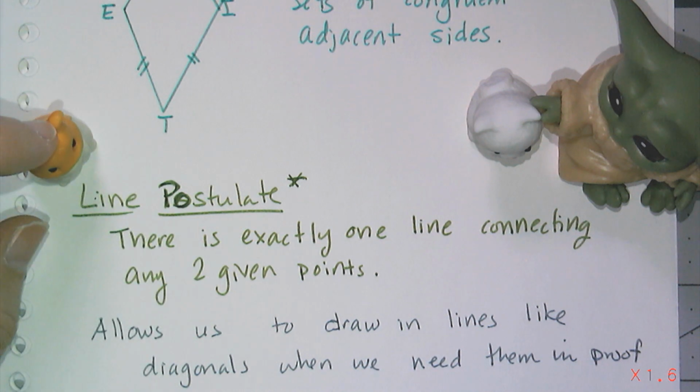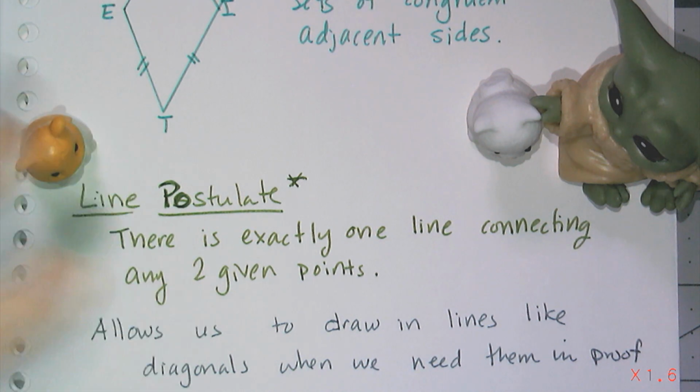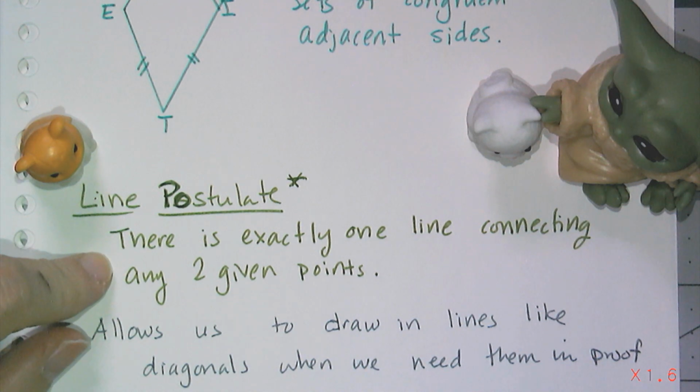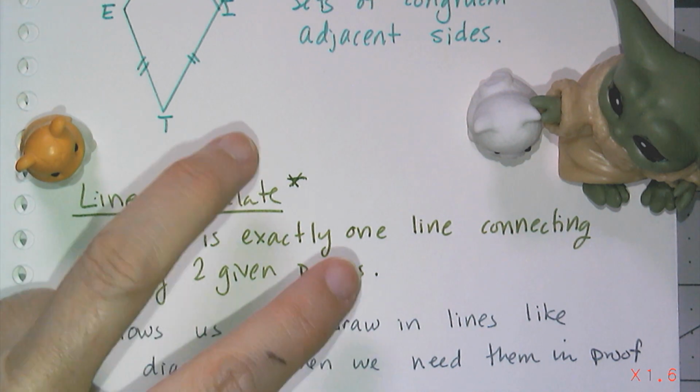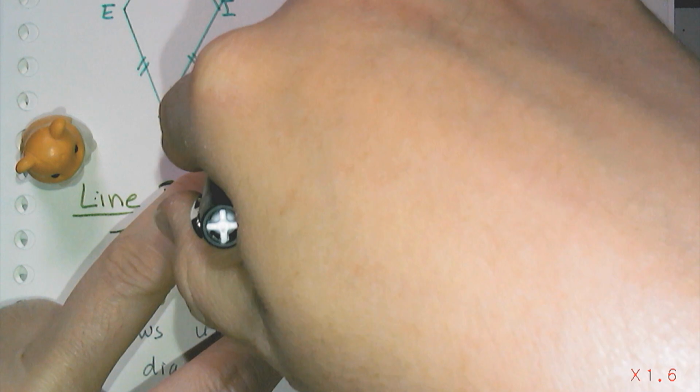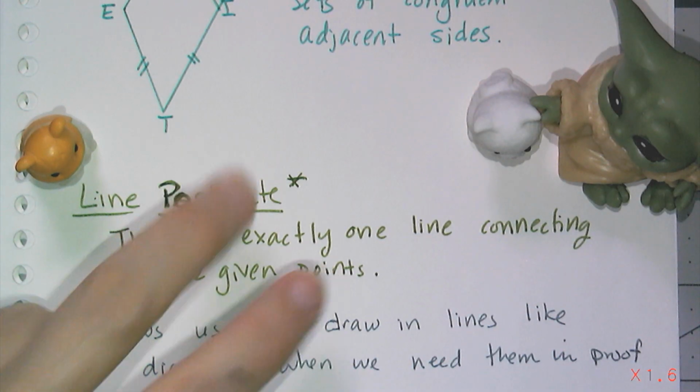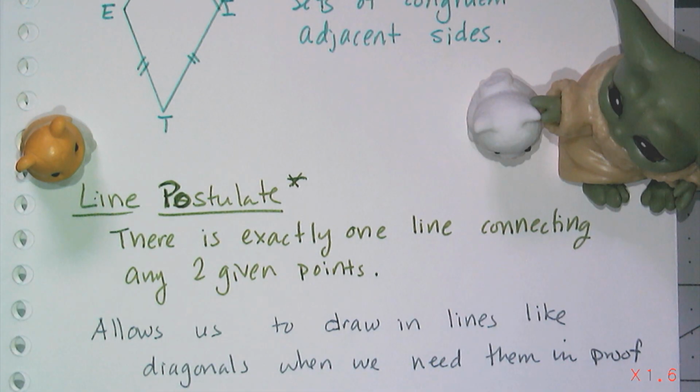Those were things that we accepted without proof, like the commutative property of addition, right? We accepted that A plus B was the same as B plus A. And in geometry, we accept that if I have 2 points, there is only one line that goes through those 2 points. And this is what we need to use as reasoning when we have to add in line segments, like diagonals.